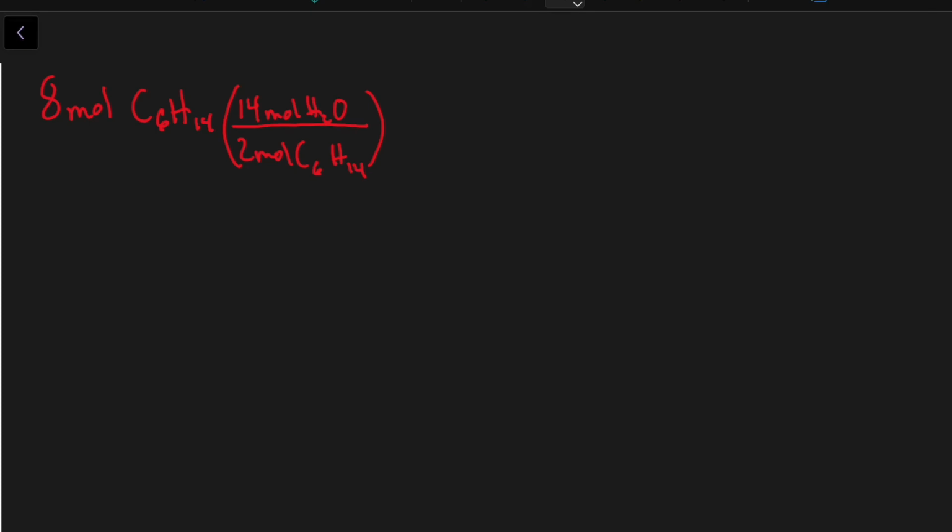Now what comes next is that you change those moles of water into grams of water, using the molar mass. So you have that 1 mole of water contains around 18 grams of water.